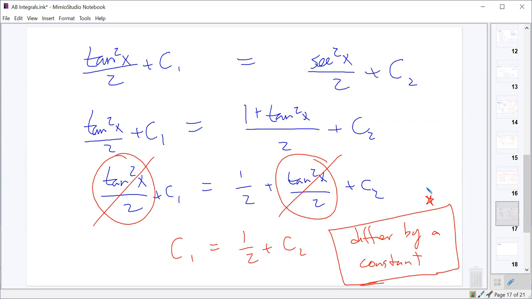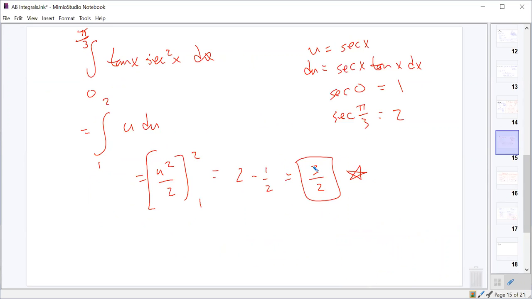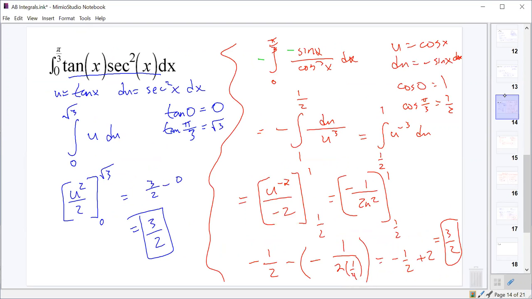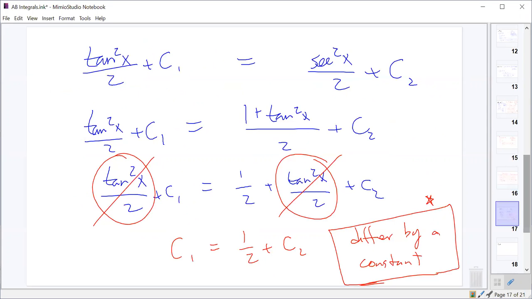And both of these functions, tangent squared x over 2 and secant squared x over 2, they both worked to get us 3/2, didn't they? Because that constant doesn't matter when you do a definite integral, but when you do an indefinite integral and you have to include that constant, you might get different looking answers. Does that make sense or no? Yeah, that makes sense. Cool.